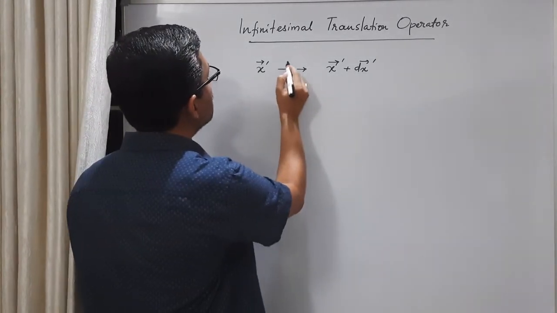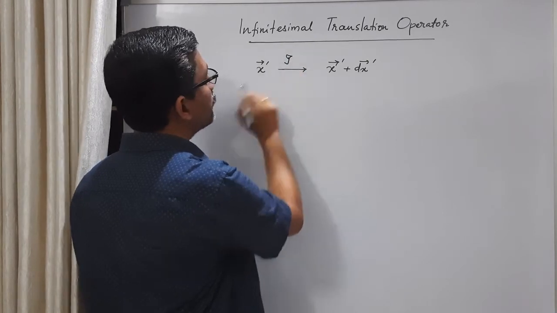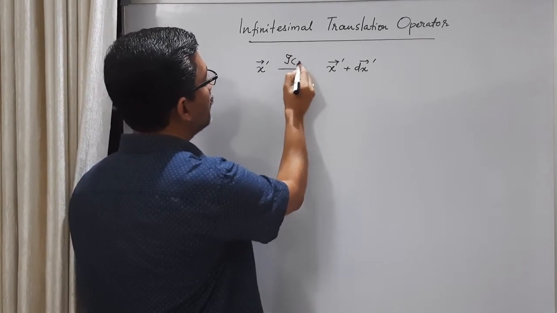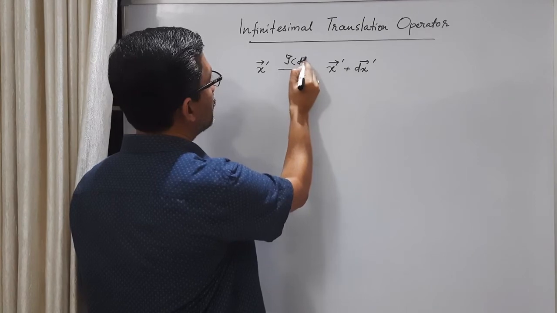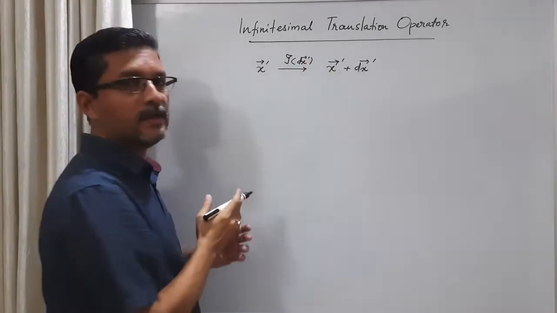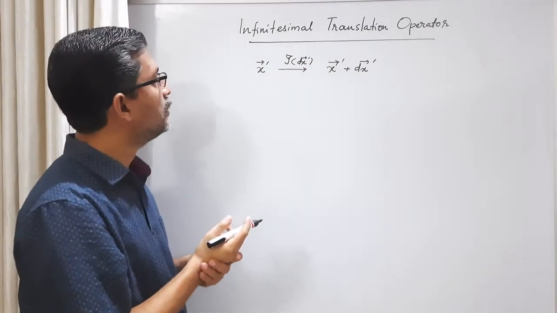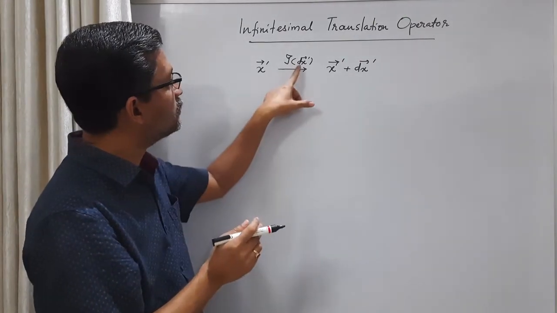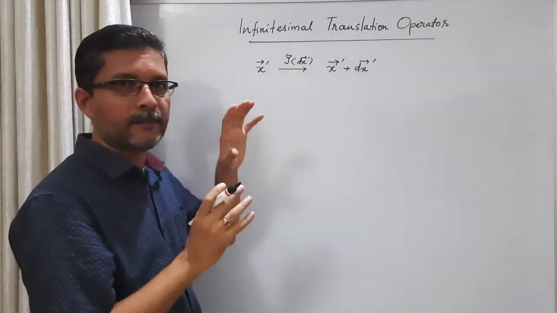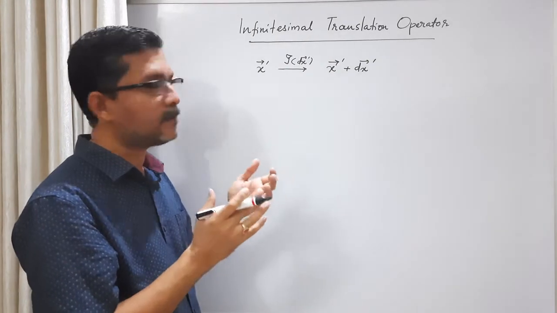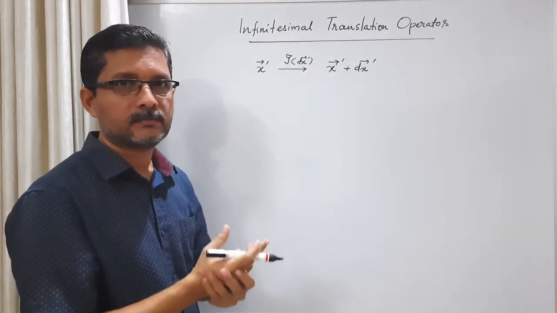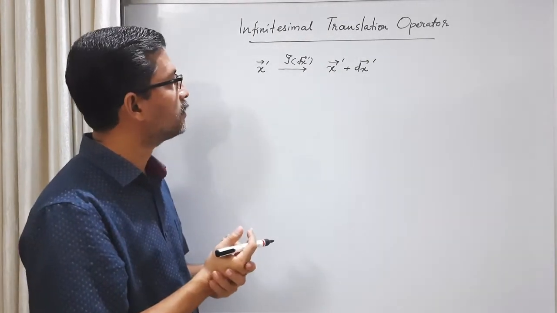Let us use a symbol script I, script I of dx prime, for this infinitesimal translation operator. Here keep in mind that this vector dx prime is an infinitesimal translation vector.